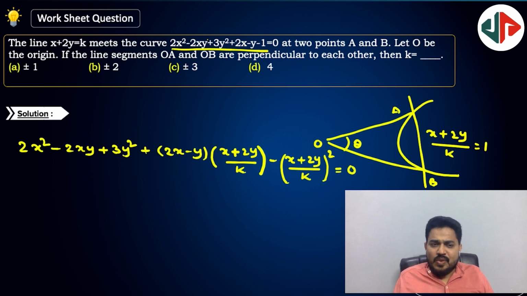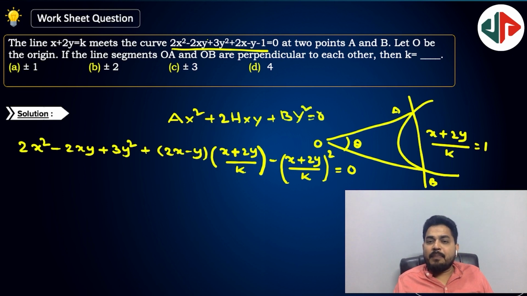This equation will be in the form of ax square plus 2hxy plus by square is equal to 0.